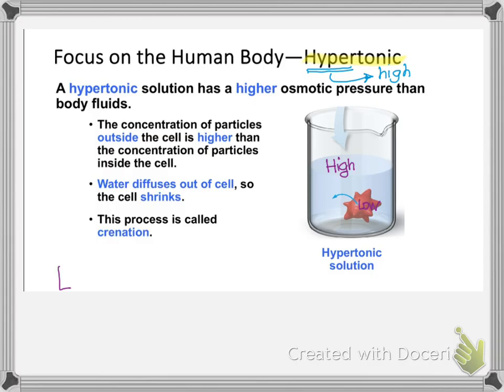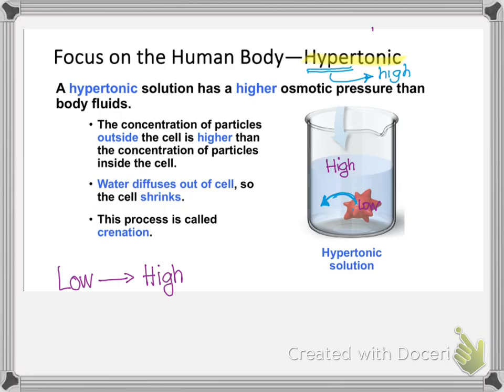And again, we have to remember it flows from the low side of the membrane to the high side of the membrane. And so in this situation, and you can see the line that they drew, and I'll draw over it, it's going to go from inside the cell out.